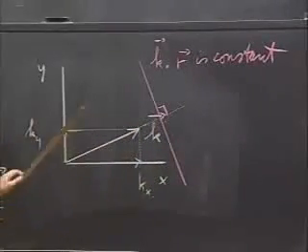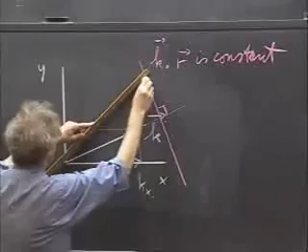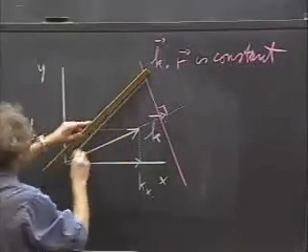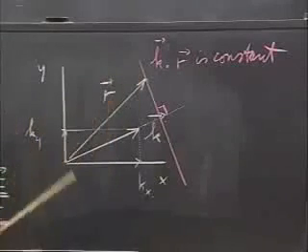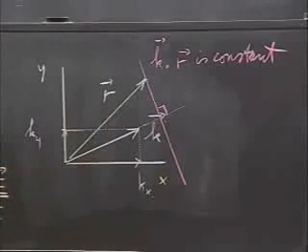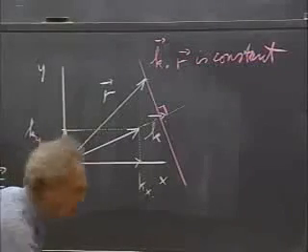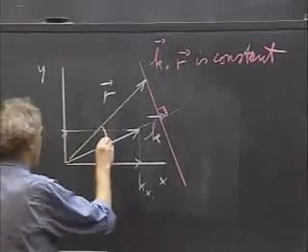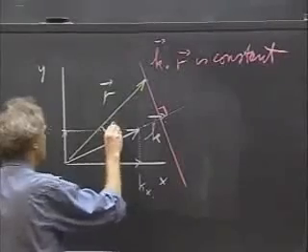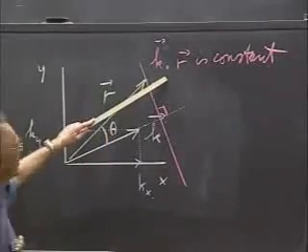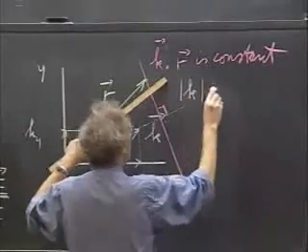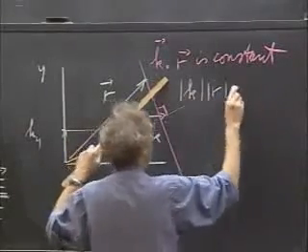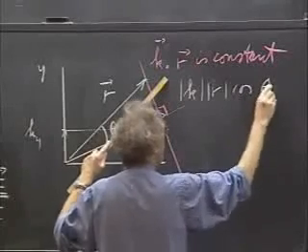You can see that immediately. If this is my vector r, which is the position vector in space given by the relation that you see there, then this angle here between k and r, I call theta. Then k dot r is a scalar, the magnitude of k times the magnitude of r times the cosine of theta.